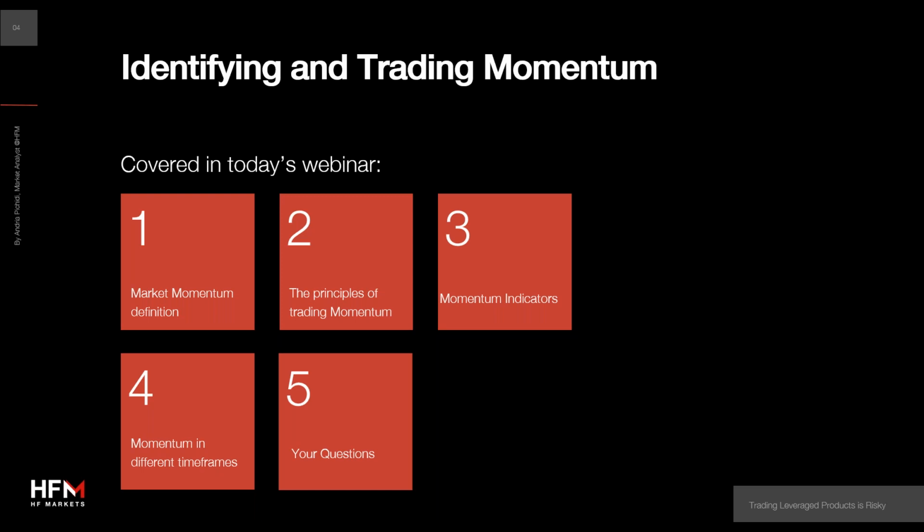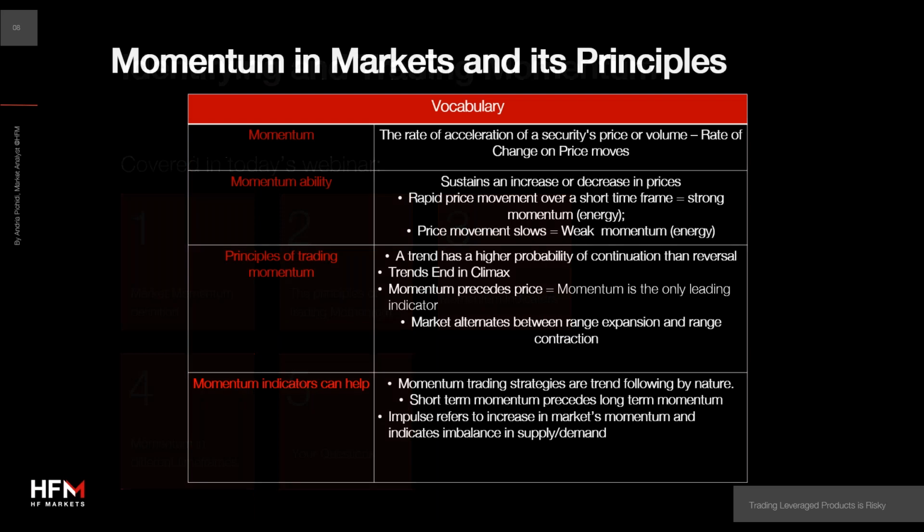The indicators that represent momentum are very famous. You might already be using them, or at least you know them, because momentum indicators are MACD, RSI, Stochastic, and CCI. Three out of four are very famous, so you might already be familiar with them. These are considered momentum indicators.